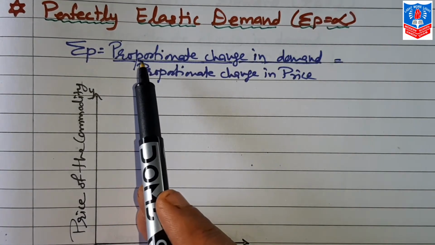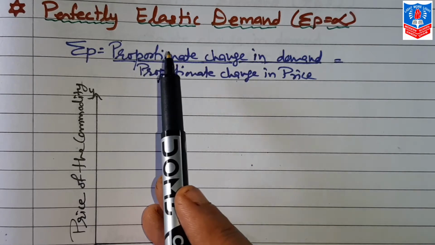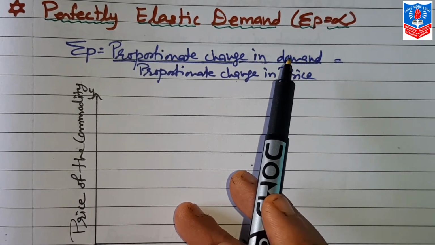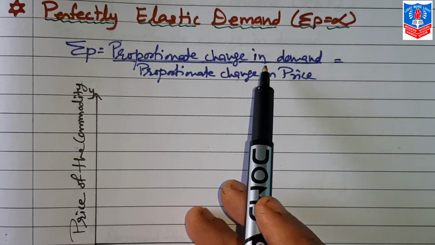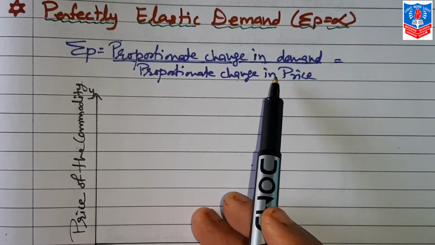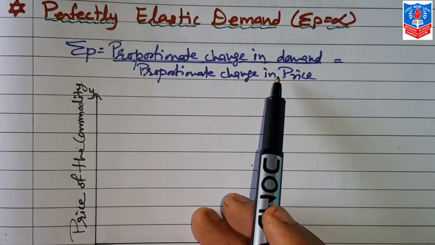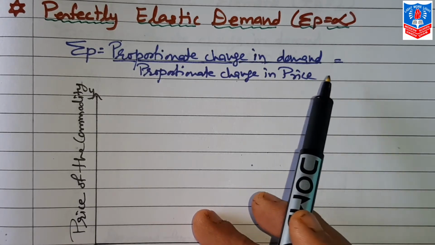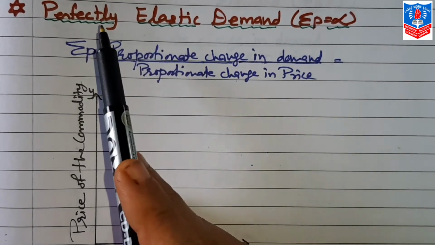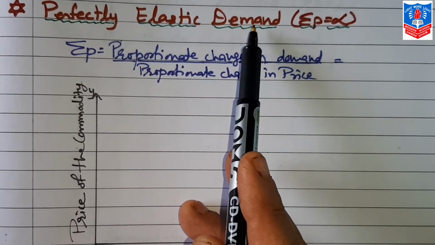Now what is that? When there is an infinite change in the demand for a commodity T because of a negligible change in price, which may be as low as 0, then such a demand is called perfectly elastic demand.